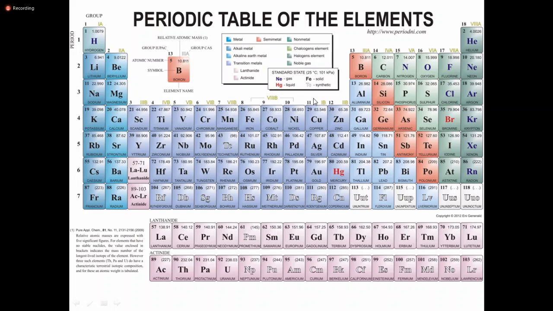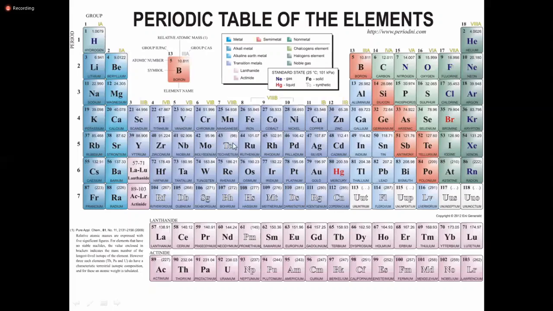And how about the lanthanide series? Here, right? But sir, this is from 57 to 71. Right, 57 to 71 cannot be placed here due to the lack of place. That's why it is placed outside the main body of the periodic table.